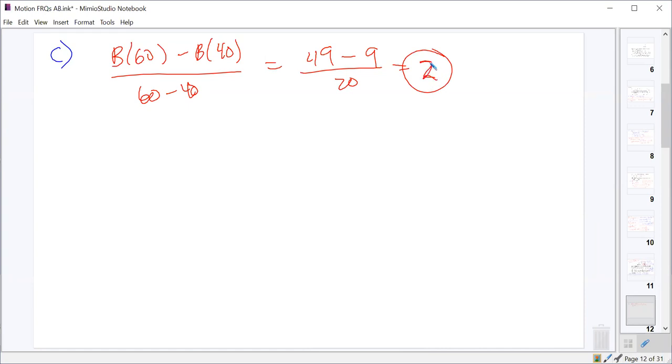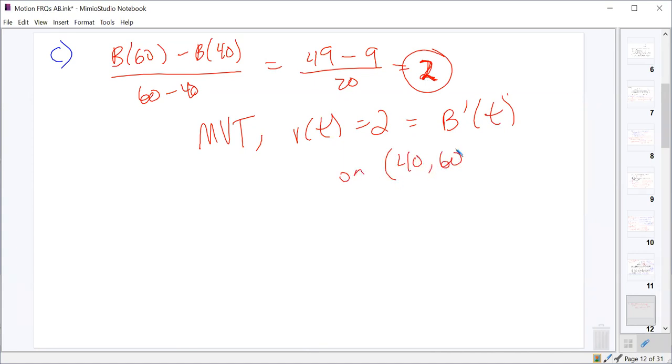And since the average velocity that he traveled on that interval was 2, we can be guaranteed that he was going exactly 2 meters per second sometime on that interval by the mean value theorem. By the mean value theorem, v of t must equal 2, which is b prime of t, on the interval 40 to 60. Does that make sense to everybody? Why it's the mean value theorem for derivatives there?